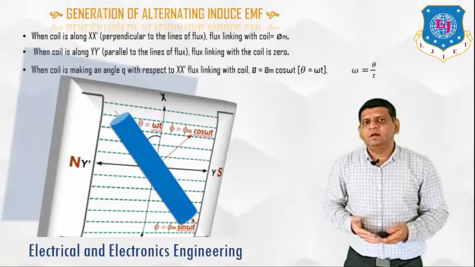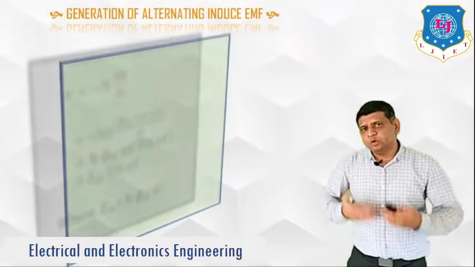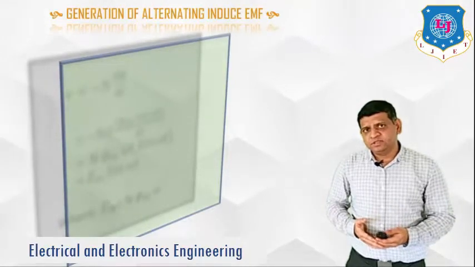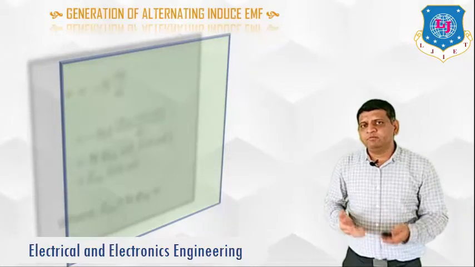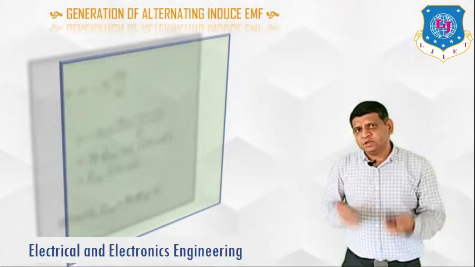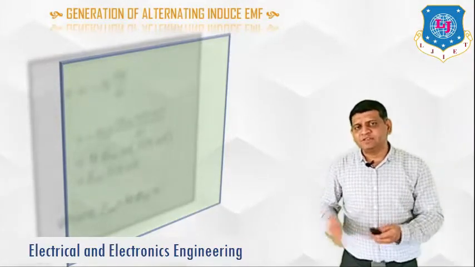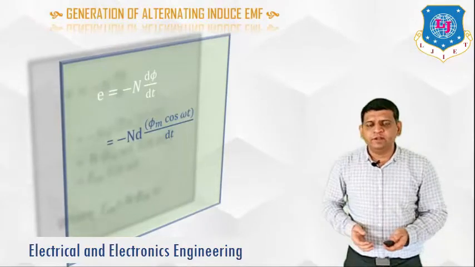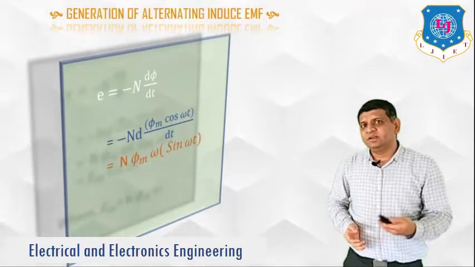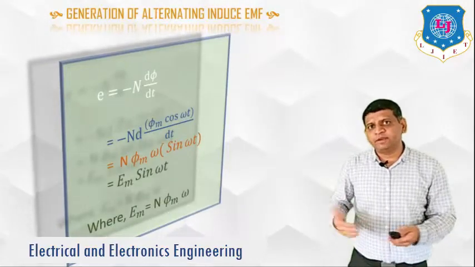Once you apply this particular equation, you will find the produced magnetic flux phi, which once it touches x, x dash, will have the minimum value of 0, and once it touches angle 90, it has a maximum value of magnetic flux. So phi is equal to phi m. By that way, throughout the complete rotation, the value of flux is alternating. At one position you will find 0, at another position you will find a maximum.